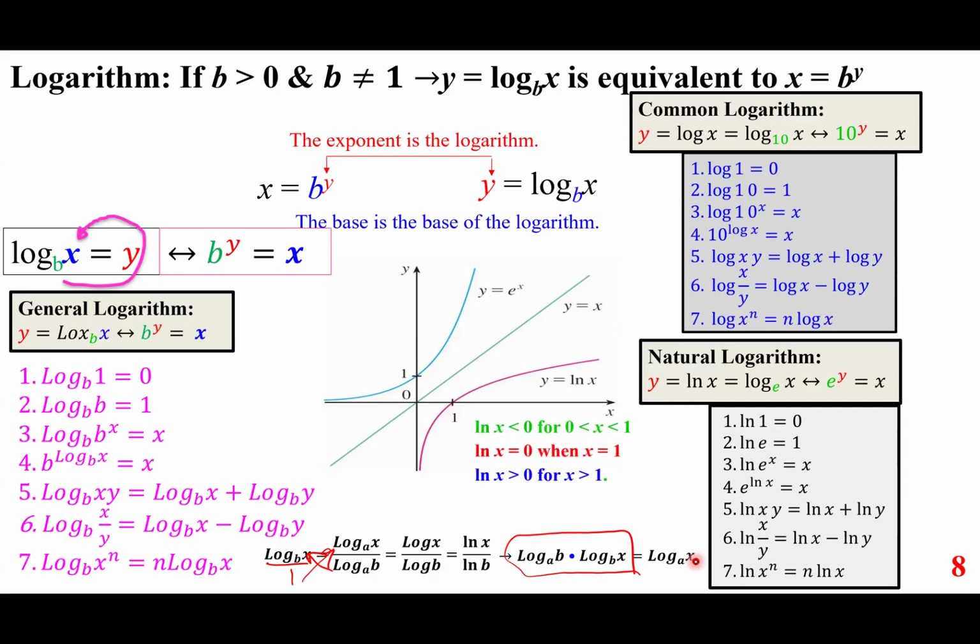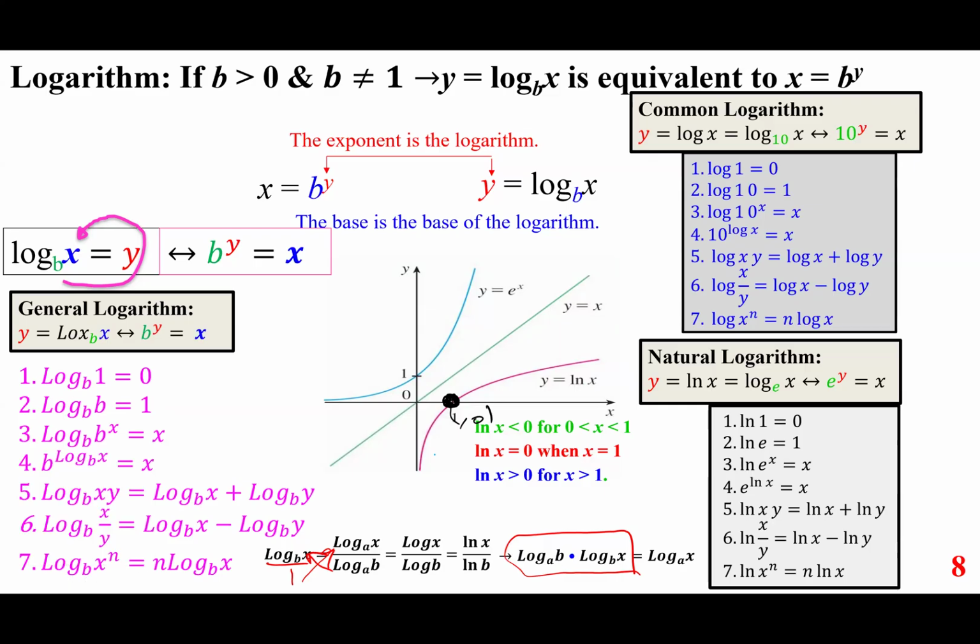And of course, you should recognize, if you look at the log function, this has coordinates 1, 0. So ln x is 0 when x is 1. And it's negative when it's between 0 and 1.